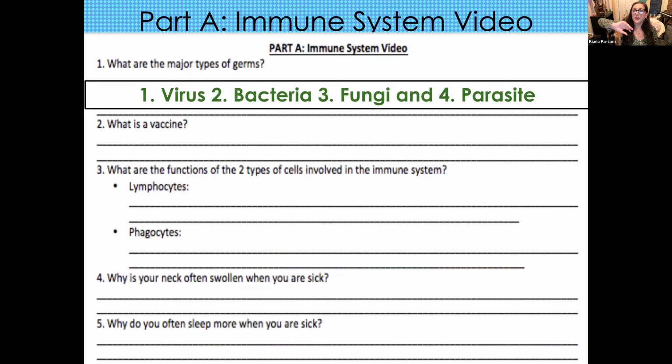Those are all different small living organisms like bacteria, fungi, and parasites, or considered non-living organisms, viruses. So they are either microorganisms, very small little living things that can make you sick, or in the case of a virus, they're not considered alive, but they're still very small, like COVID-19 and the flu and the common cold are all examples of viruses.